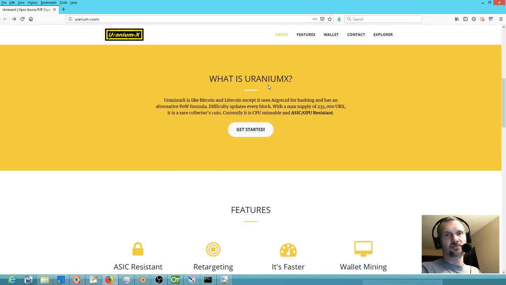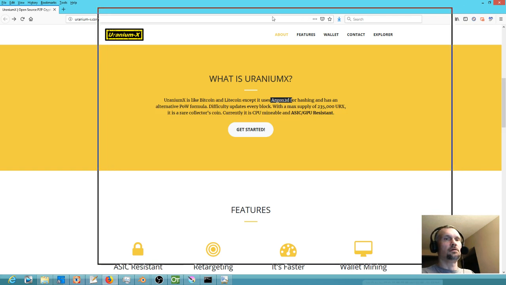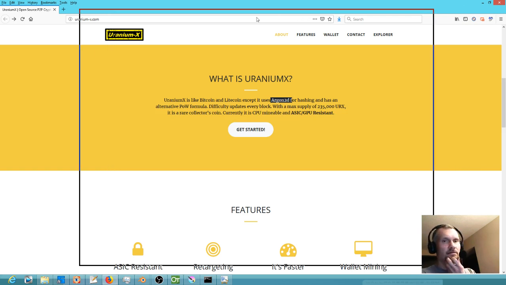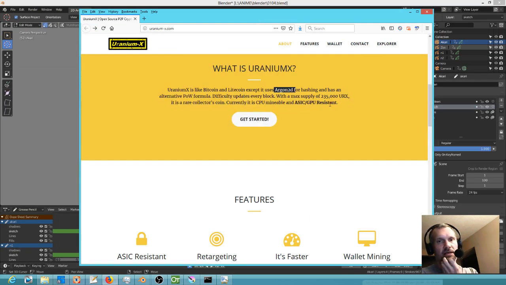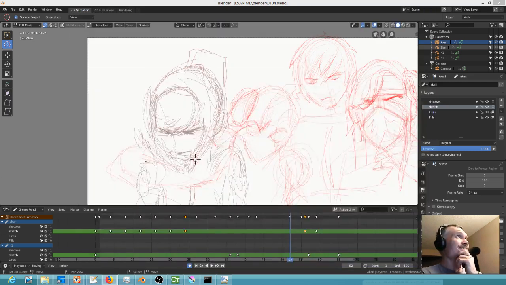It's basically a cryptocurrency that is based on the Argon 2D algorithm, which lets you mine the cryptocurrency, and it is, as you see here, ASIC and GPU resistant. So in other words, it's essentially limited to people that are going to do mining on their computer as opposed to a dedicated cryptocurrency mining hardware.